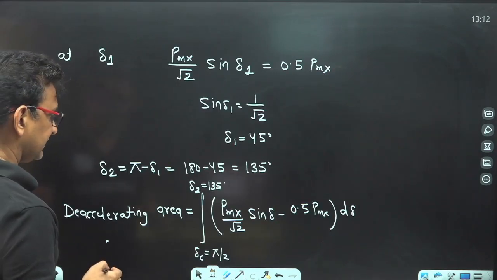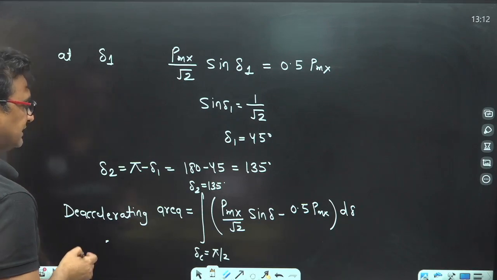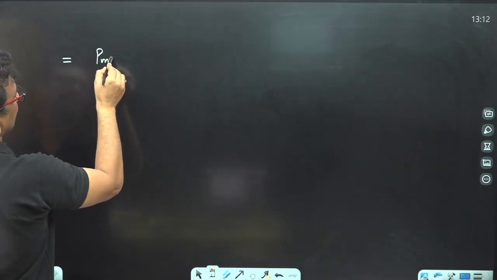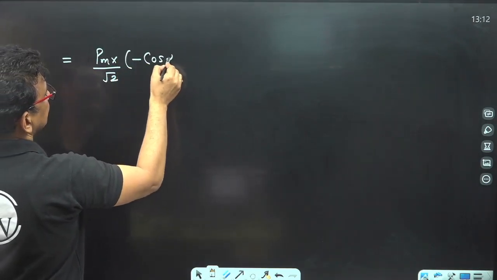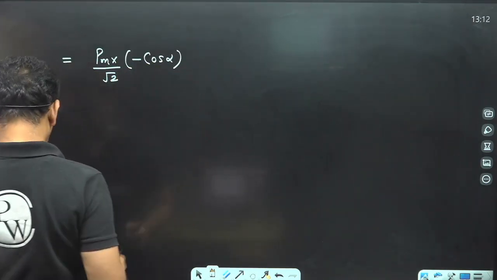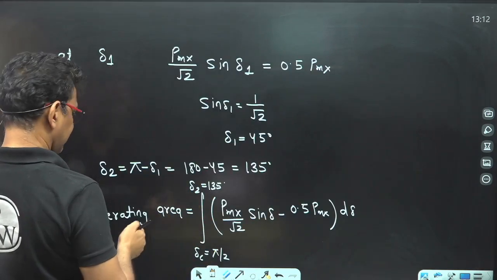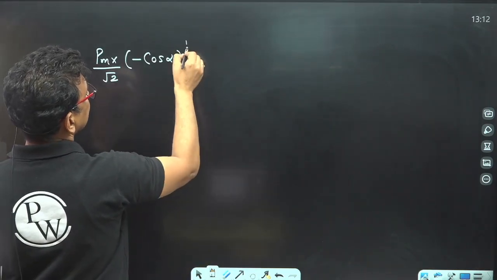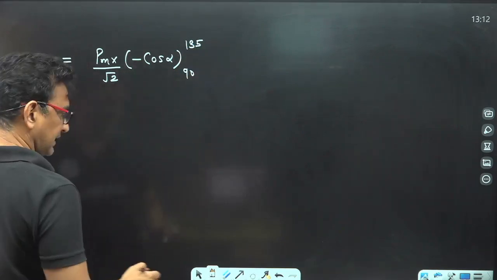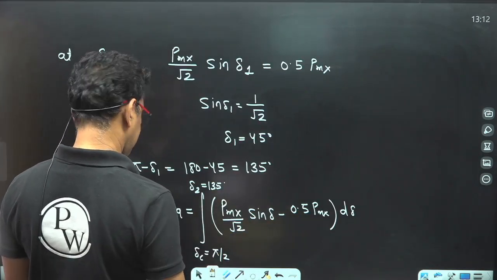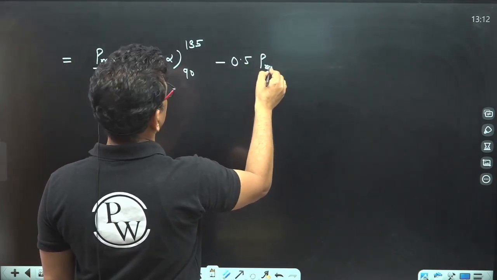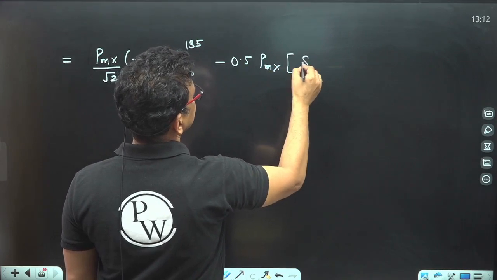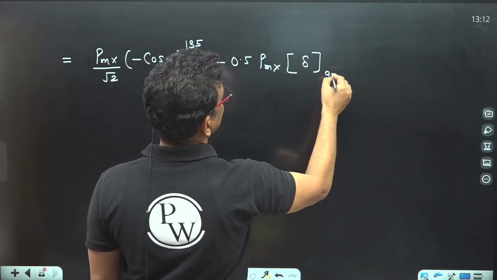So you will get Pmax by root 2 cos delta, because the integration of sin delta is cos delta, from 90 degrees to 135 degrees, minus 0.5 Pmax delta, again from 90 degrees to 135 degrees.